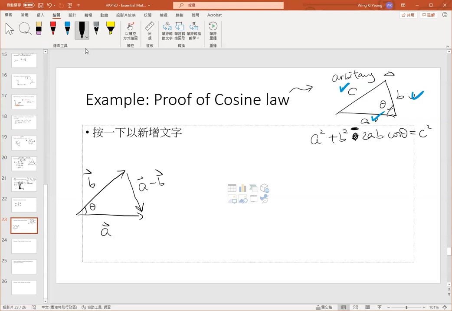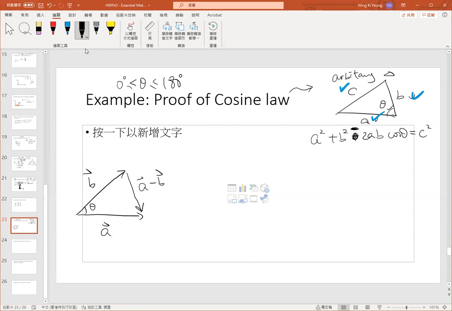Now theta is the included angle between two vectors, and it is defined in the range of 0 degrees to 180 degrees. Then how can we prove it?